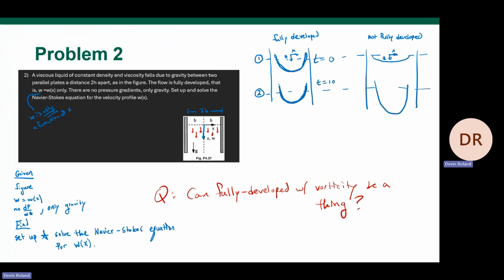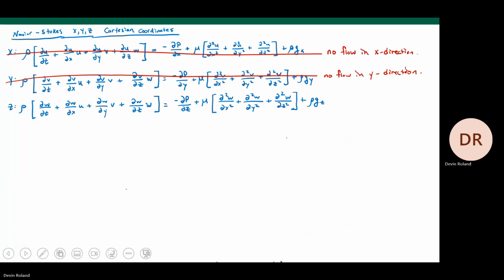Even if those vectors change in their magnitude as you follow this velocity profile, the flow is still only in the z direction. So the magnitude of the vectors changes with x side to side, but the direction of it is still only in the z direction. That's the important point there.